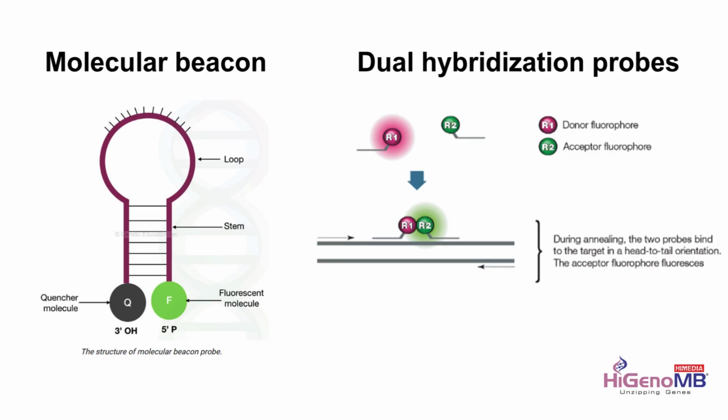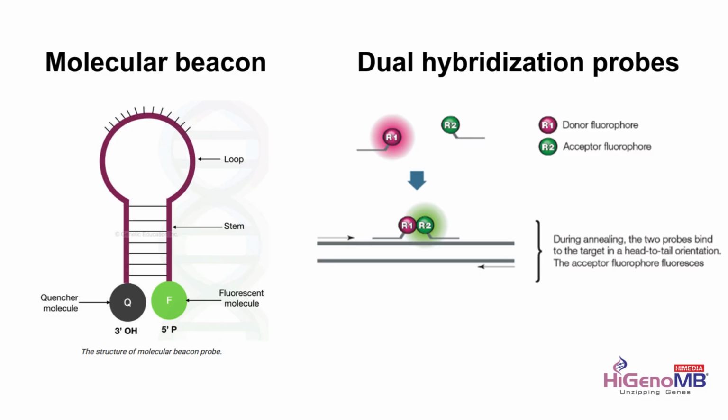When the distance between the donor fluorophore and acceptor fluorophore increases, then the donor fluorophore is free to fluoresce, and the fluorescence gets recorded by the real-time PCR machine.